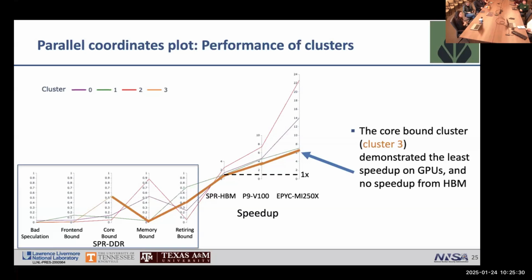And then finally, our core bound cluster. This one had the least speedup on GPUs and also didn't see any speedup on HBM. It did speed up on both GPU architectures, but much less so than the memory bandwidth bound cluster.